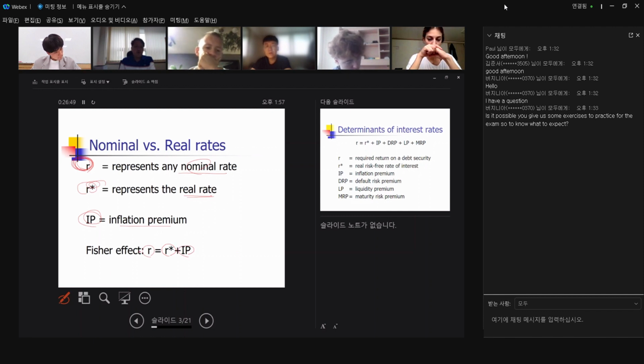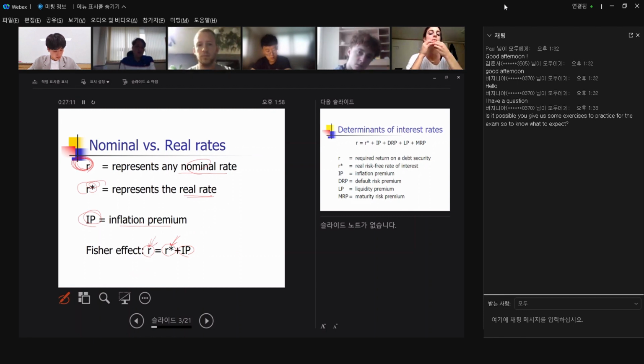Most stated rates, expressed rates, are nominal interest rates, but the more important thing is the real interest rate. The interest rate that affects our real life is the real interest rate rather than the nominal interest rate.